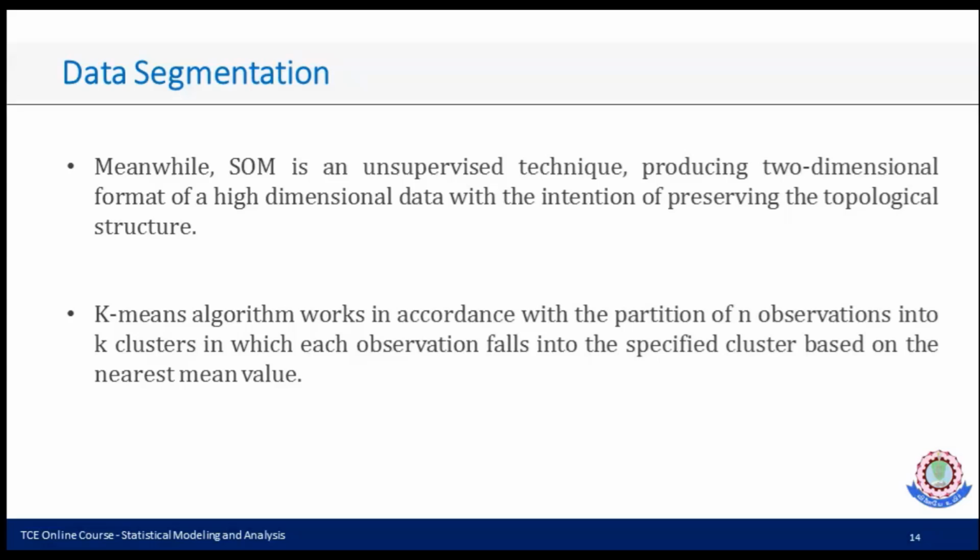Here, the neurons of the output layer are usually ordered in a two-dimensional rectangular grid or a hexagonal grid. In this technique, each input is connected to all the neurons on the output layer with a weight value, with a keen focus on the number of variables used for analysis.